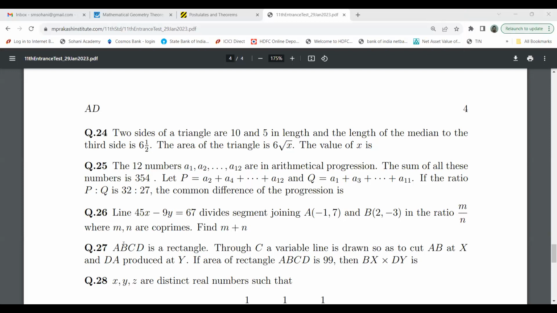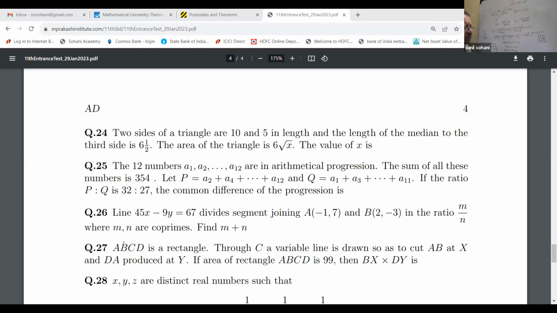Sir, which question do we have to solve next after this? Okay. 25. Okay. So we have finished so far 26, 27, 28, 29, 30. 5 questions we have done. 5 questions are remaining and we have another half an hour to go, out of which question 21 is going to take time.